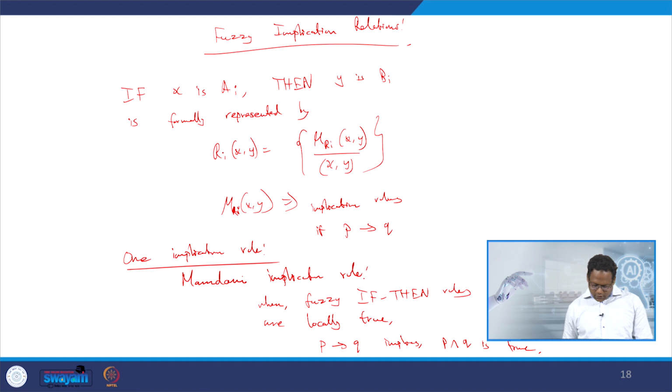So, by having the membership function values and taking the AND operation, we get the fuzzy Mamdani implication rule. That means we choose the minimum value of the membership function corresponding to P and the membership function corresponding to Q.